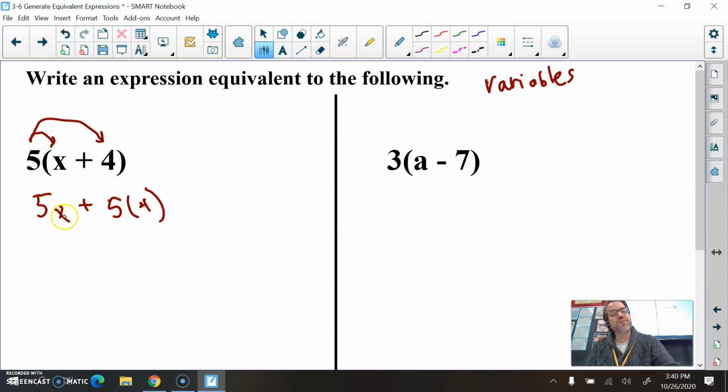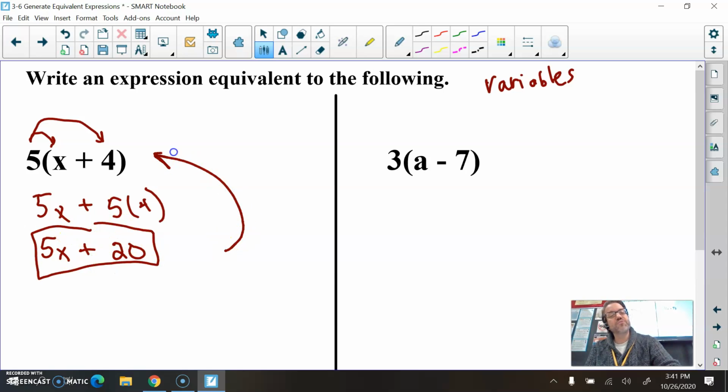Well, I don't know the result to 5 times x. It depends what x is. So I'll leave that as 5x, but then it's plus 20 because I do know 5 times 4 is 20. So 5x plus 20 is equivalent to 5 times the quantity x plus 4. These are equivalent or equal expressions.